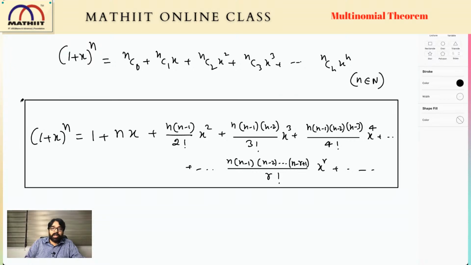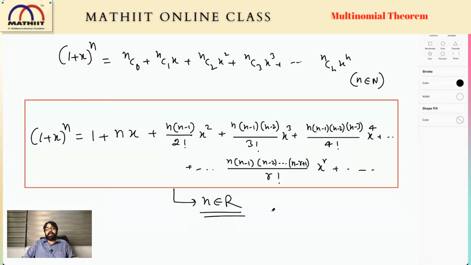Are these two formulas different or same? They're very much the same formula. But here I'm writing it the nCr way, and here I'm writing the value of it. It's easy to remember. It's not very difficult. But here, n can be any real number. n may be a natural number, n may be a negative integer, n may be a fraction like 1 by 2, anything. Does not matter.